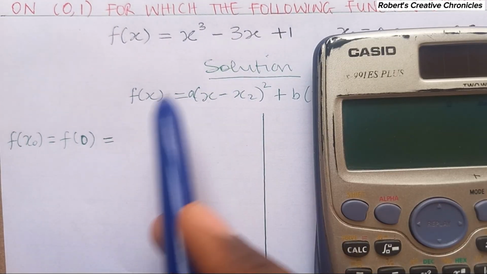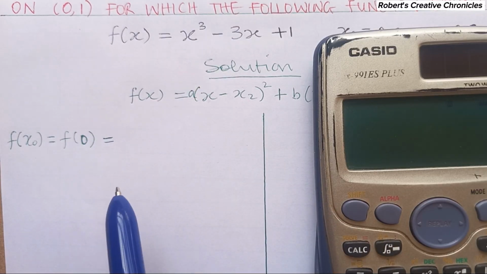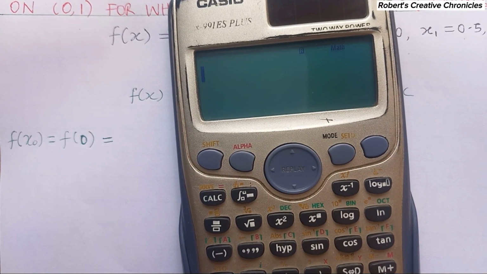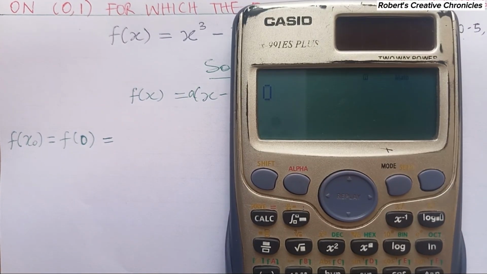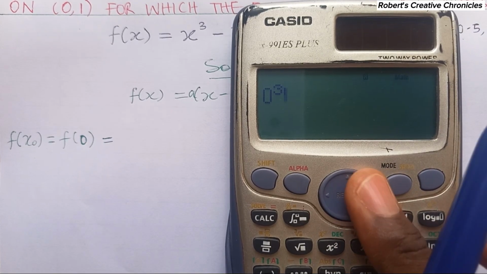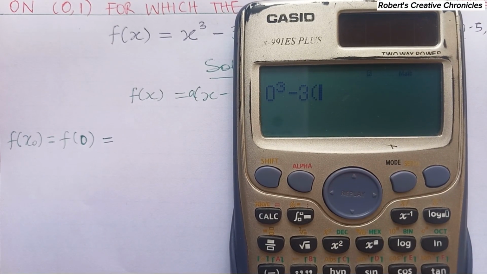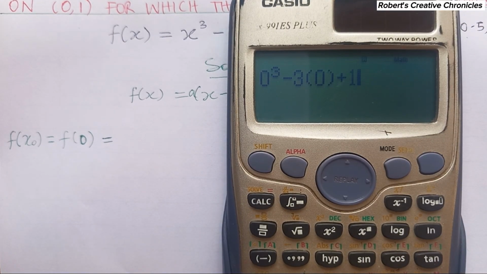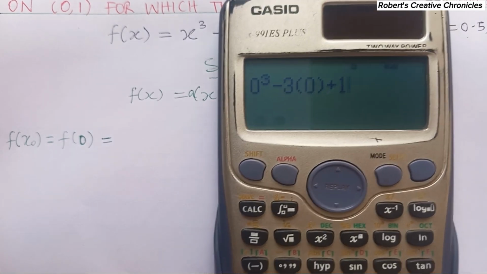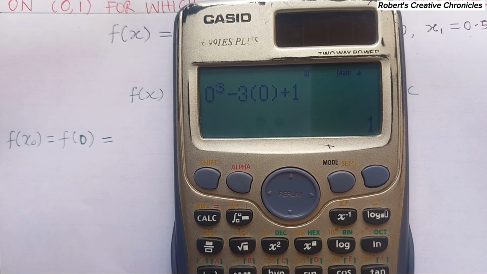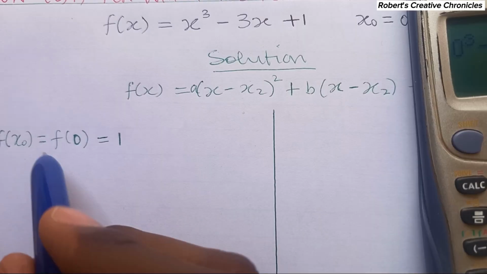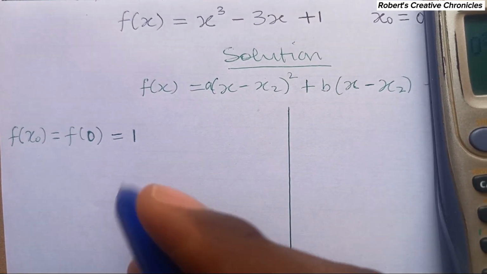If you substitute 0 into this equation, what are you going to get? 0 cubed minus 3 times 0 plus 1, which is 1. So f(x0) is 1.